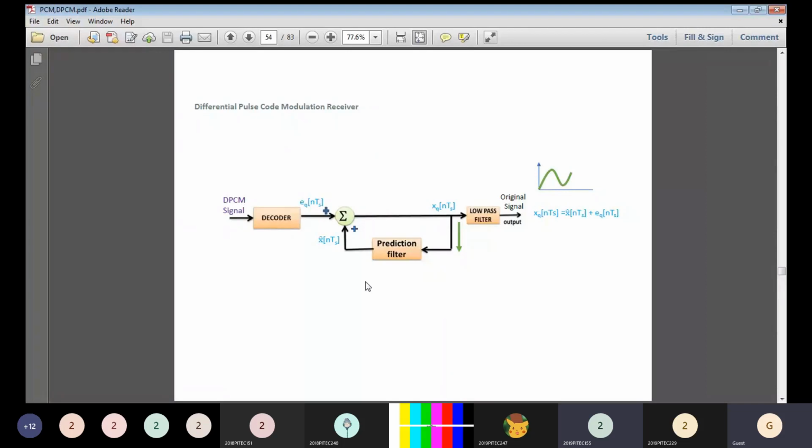That xq of nTs is passed through a low pass filter, and from that we get our original signal. The formula is xq of nTs equal to x cap of nTs plus eq of nTs.